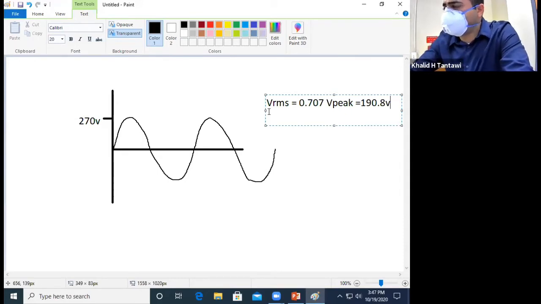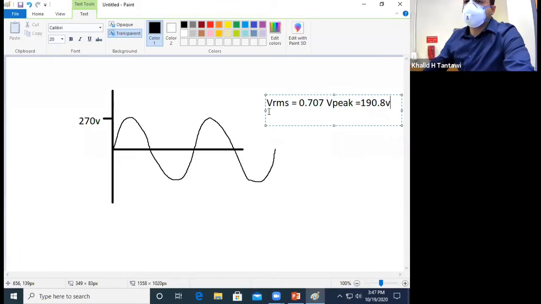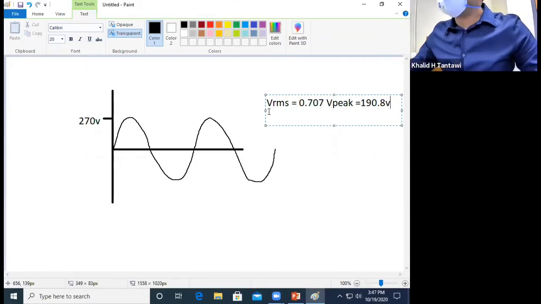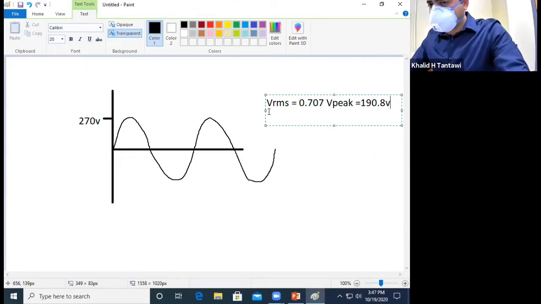That's for sinusoids only. For a square wave, it's going to be equal to the value, so if you have a square wave of 10 volts, the RMS is 10. But for a sinusoid, 0.707. You have to memorize it.